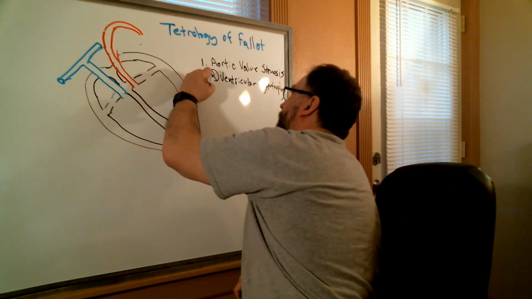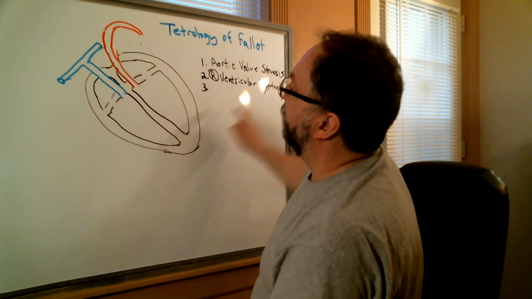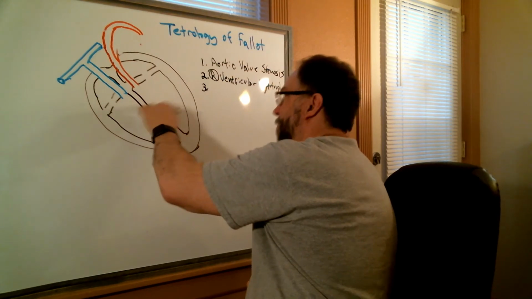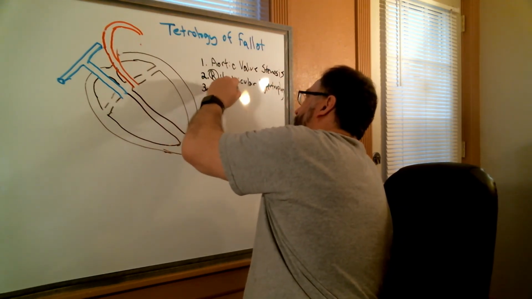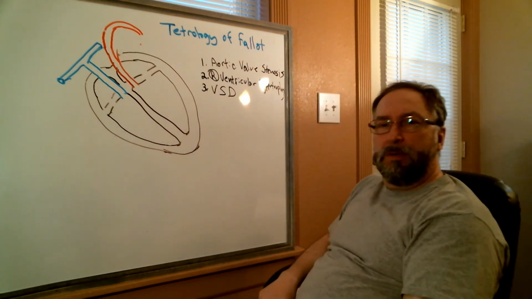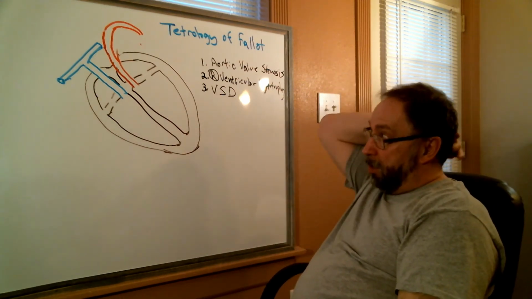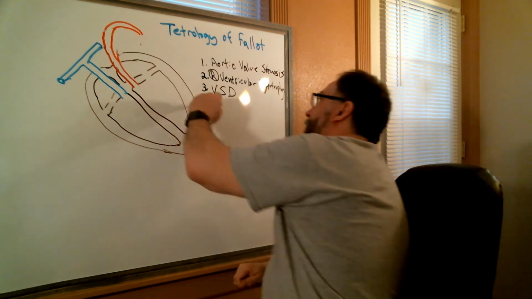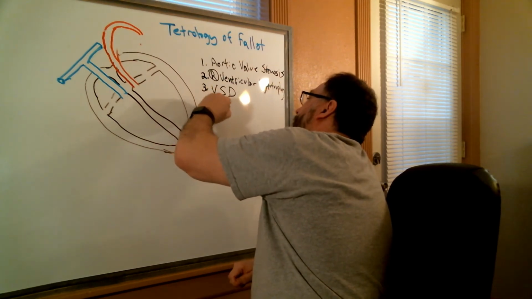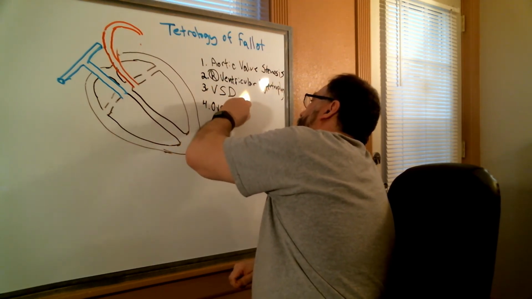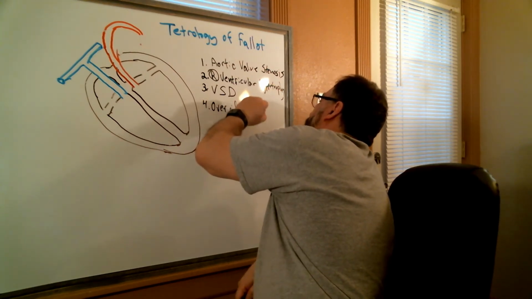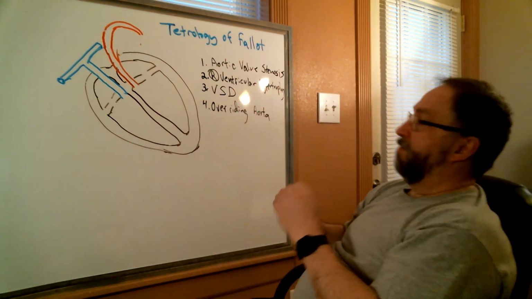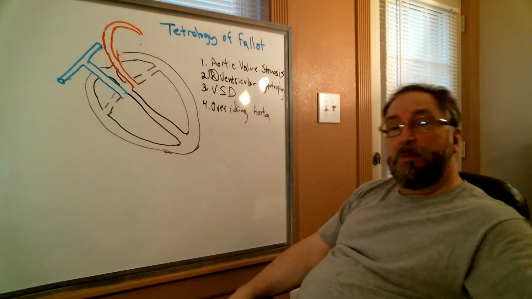Number three, ventricular septal defect, VSD, right? That's the third thing going wrong. So you got that, you got this, and then four is the overriding aorta. This guy here. And now I will explain what all that means.